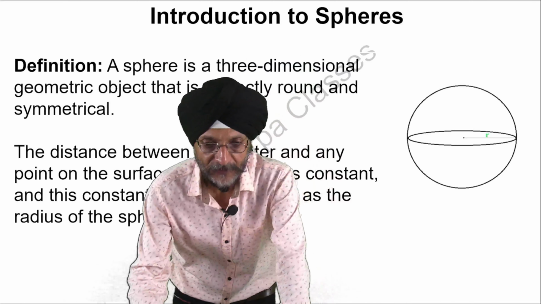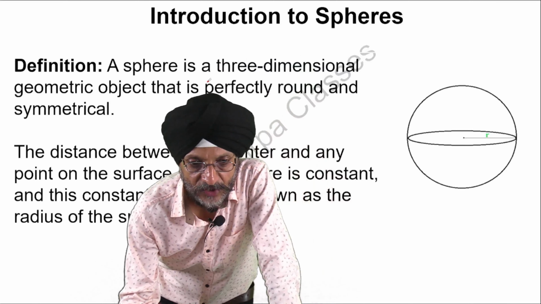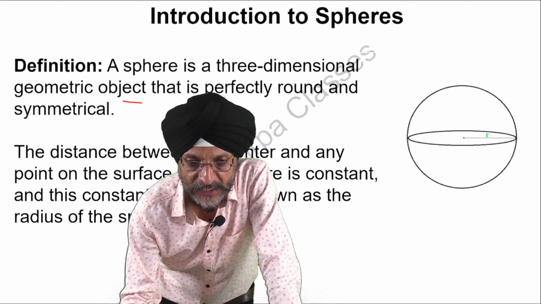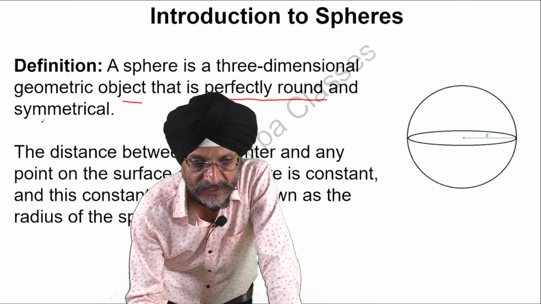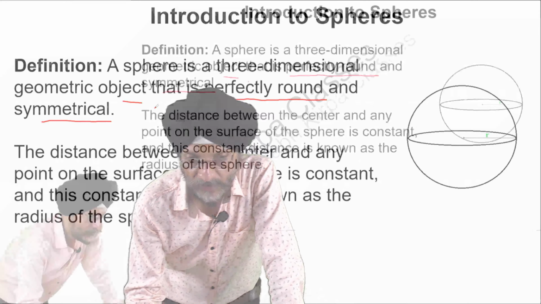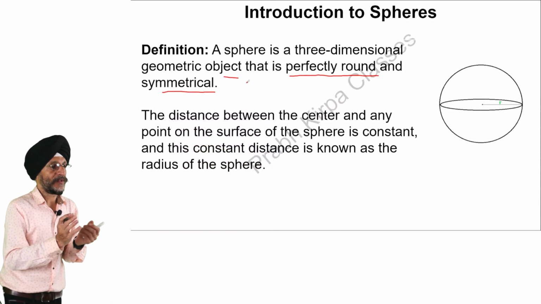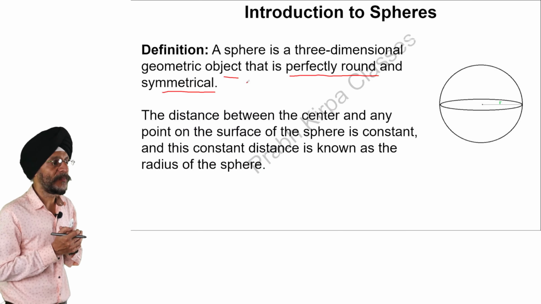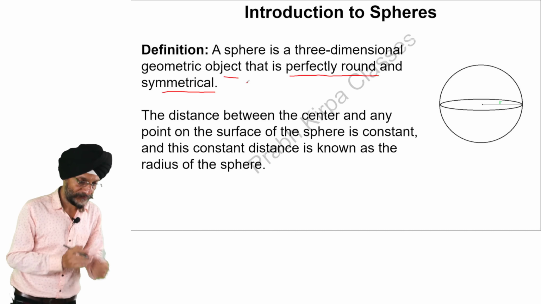First we will define sphere. A sphere is a three-dimensional geometric object that is perfectly round and symmetrical. We take the example of sphere. A basketball or a tennis ball is an example of sphere.